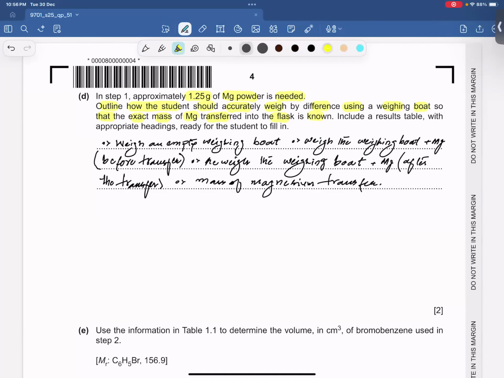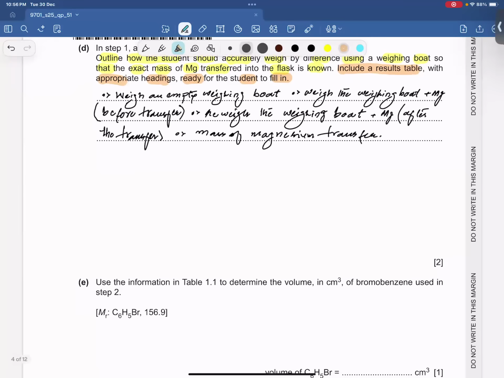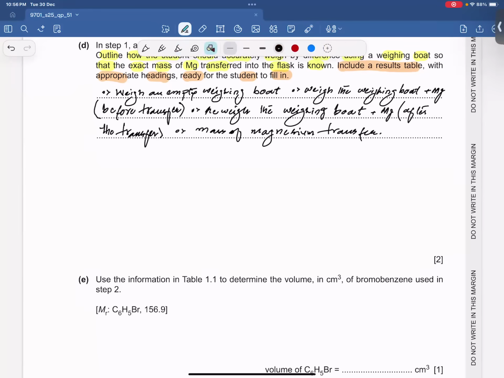Now in the next part of the question, the examiner is saying include the results table with appropriate headings ready for the student to fill in.